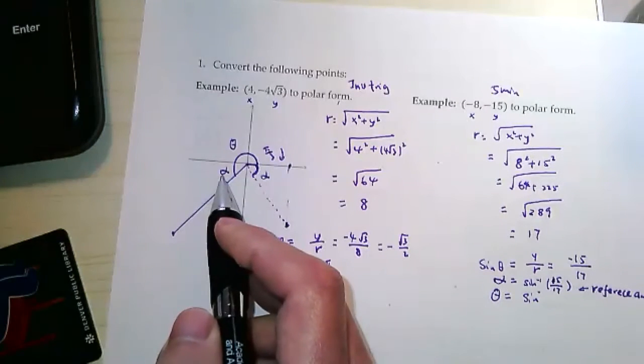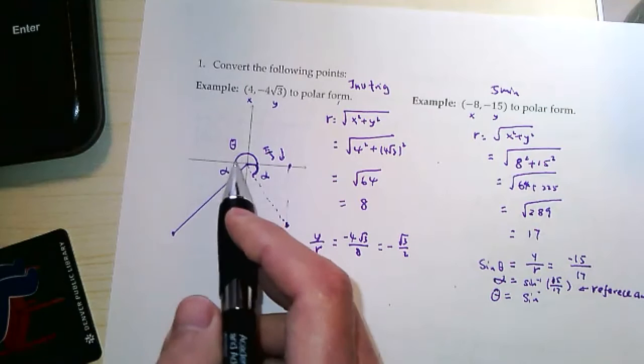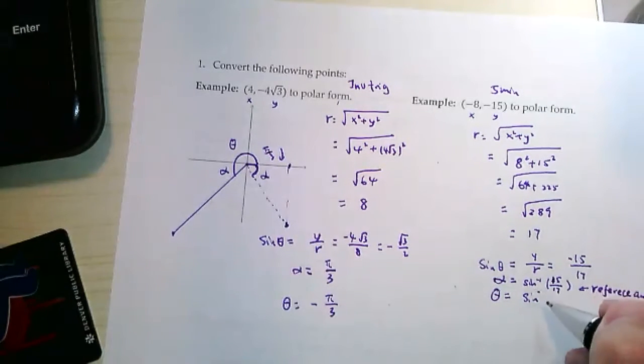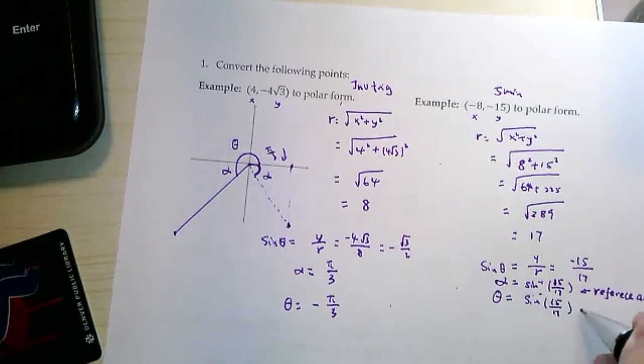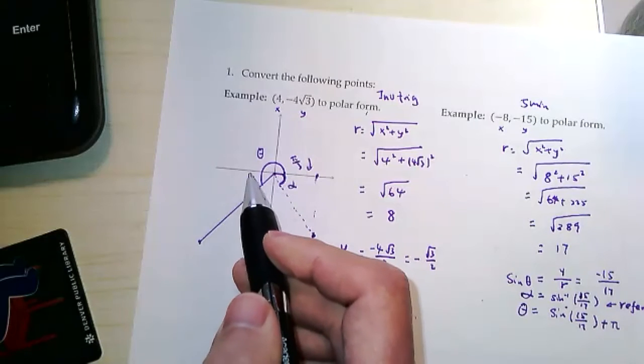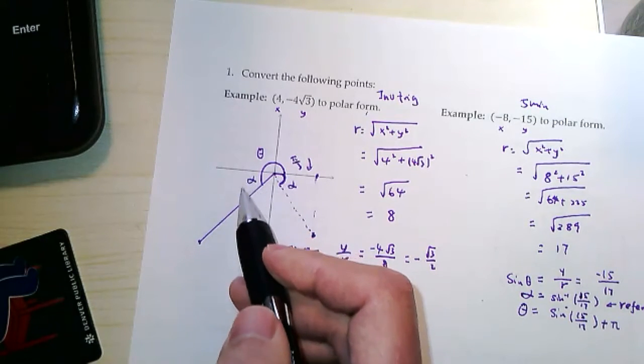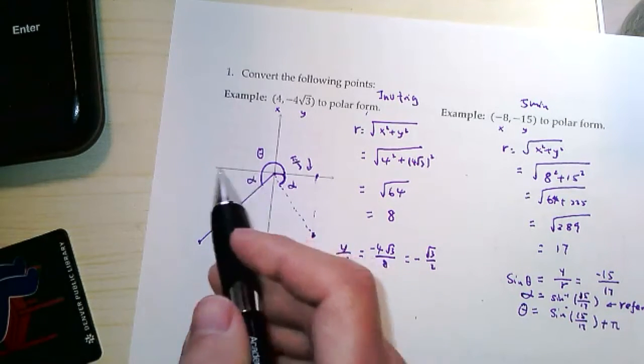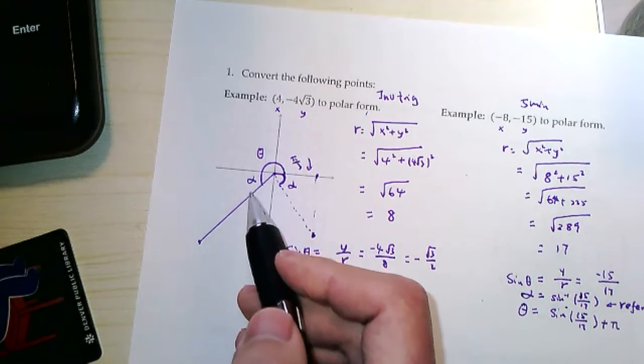Once we find this alpha, what is our theta? It is this reference angle plus pi, right? Since you are going beyond the negative part of the x-axis. The negative part of our x-axis is pi. You are going beyond it.